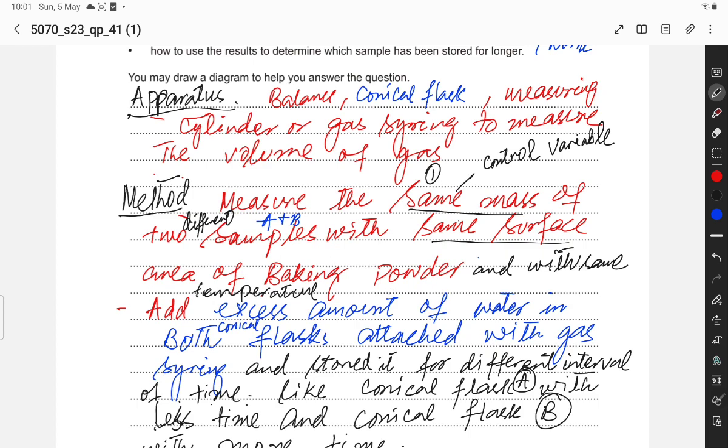So measure the same mass of the 2 different samples, A and B, with the same surface area of baking powder and the same temperature.